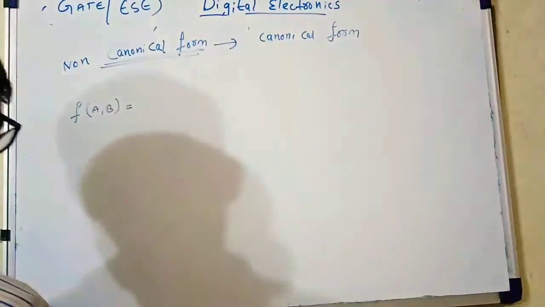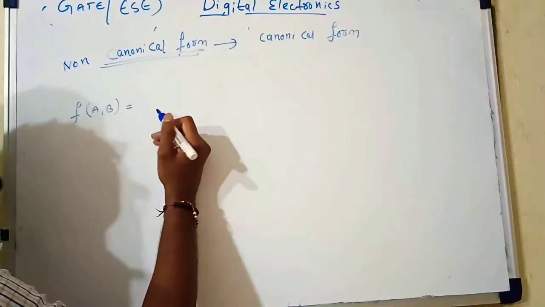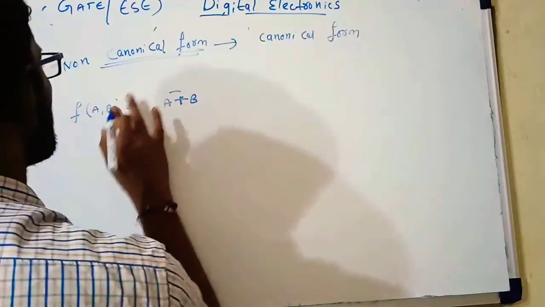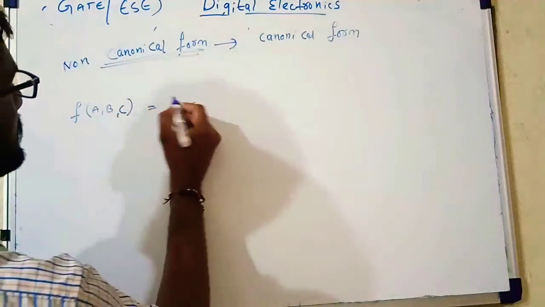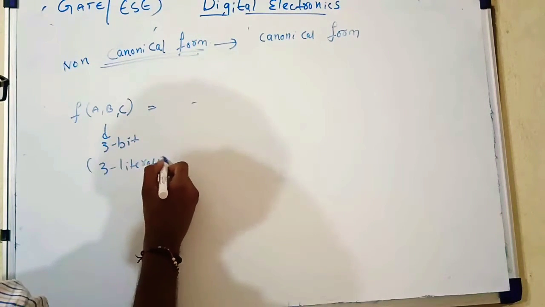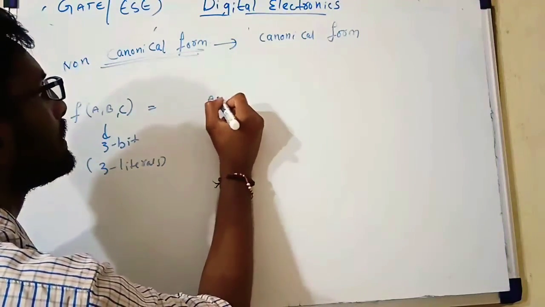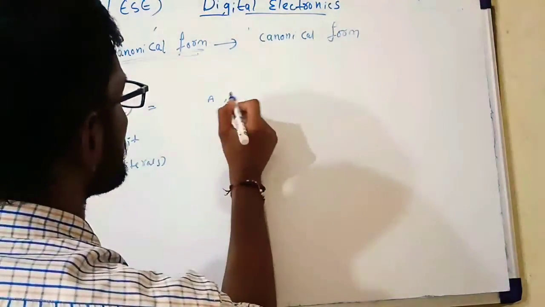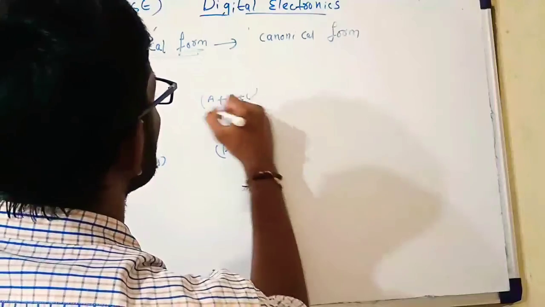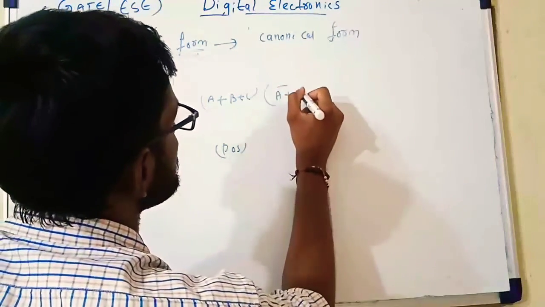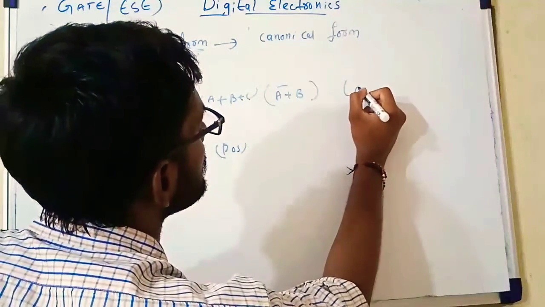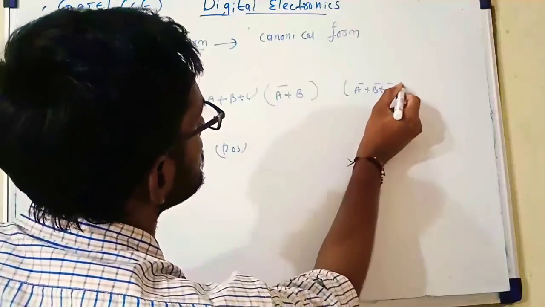Let us see another example. F of A, B, C, which I am taking as POS form, equals (A plus B plus C) into (A bar plus B) into (A bar plus B bar plus C bar).